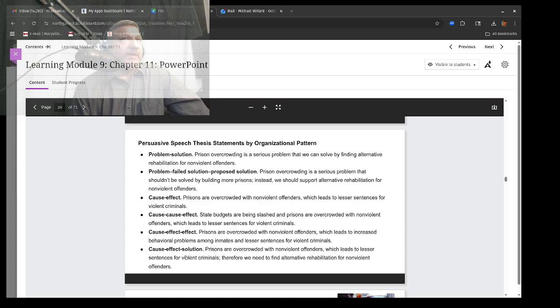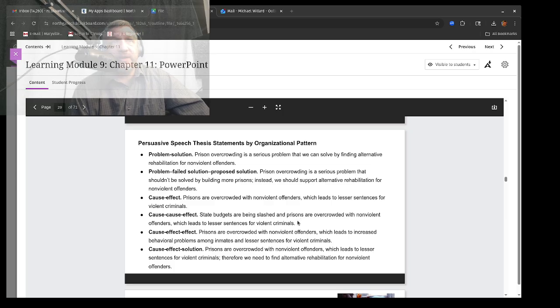Now, persuasive speech thesis statements by organizational pattern. There are several organizational patterns. We're diving a little deeper than public speaking on this, but we do cover some of the basics. Problem, solution. I'm not going to spend a lot of time on this, but it's all here on the slide, so if you want to pause it, read through it all. Problem, fail, solution, proposed solution.